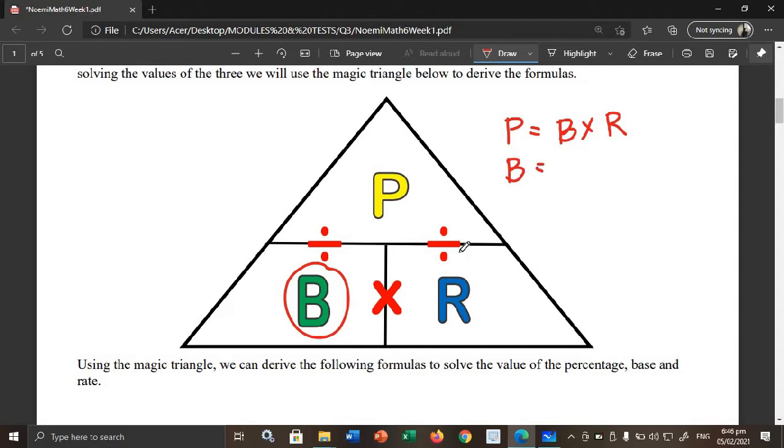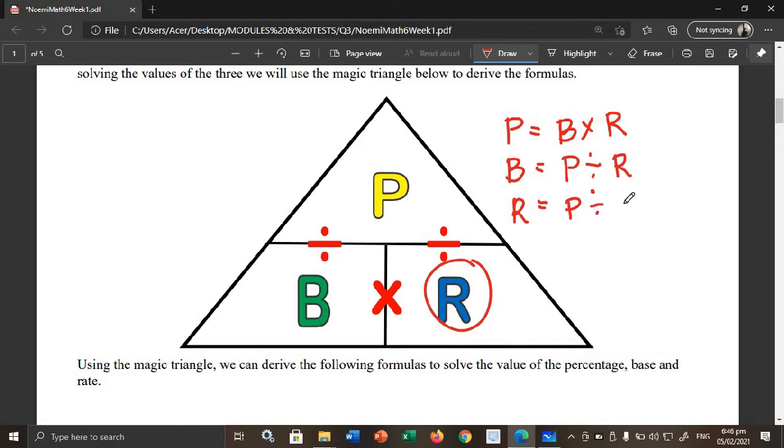And then next, what if the missing value is the base? Okay, look at the letters that are left. P divided by R is the formula in finding the base. How about if the missing term is your rate? So rate can be solved by using P divided by B. Okay?